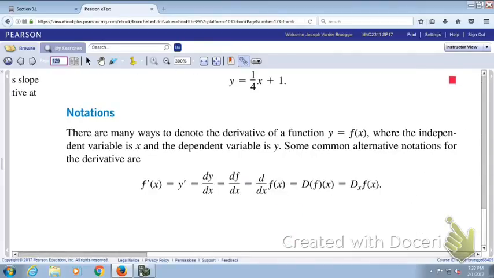Now, there are several different notations that are out there for the derivative as a function. One of the most basic ones, f prime of x, like we just saw in the definition. If it's using y, you can use y prime. That's that prime mark still. We also have Leibniz notation.